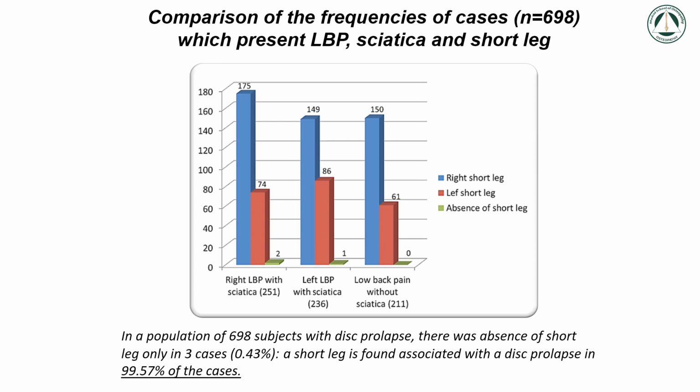A short leg was found associated with a disc prolapse in 99.57% of the cases. In lumbar disc hernias, the pathognomonic clinical sign for the use of insoles is the pain in standing upright static position.